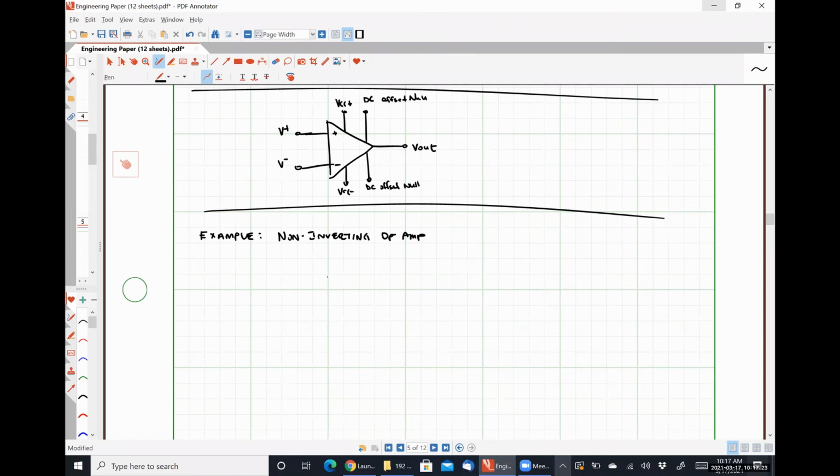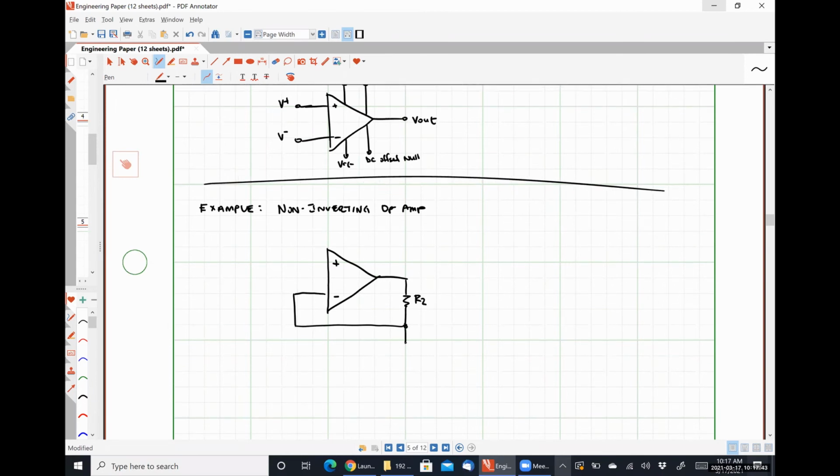So I'm going to draw my op amp right about here. Seems legit. Positive polarity terminal, negative polarity terminal. Here's my feedback loop. This guy is R2. This guy is R1. Here is the out.